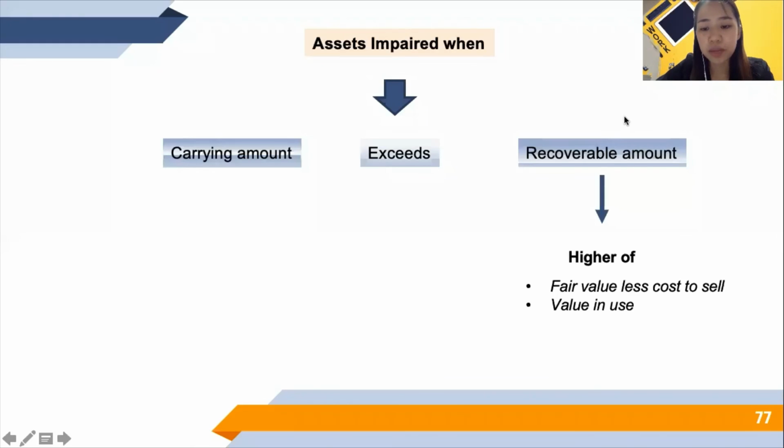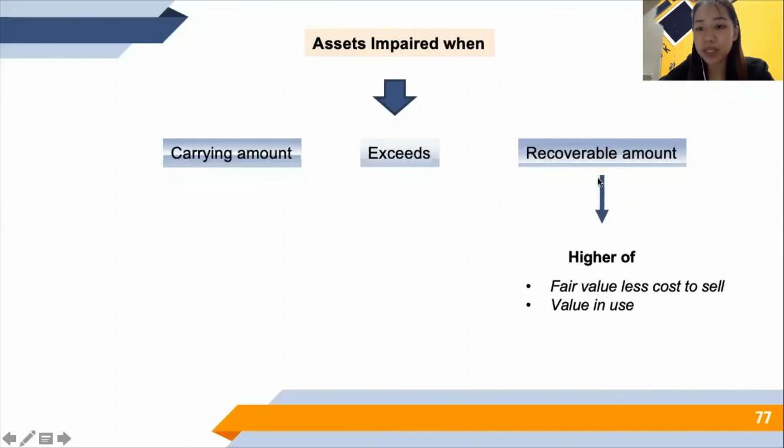So, to determine whether an investment was impaired, we have to compare the carrying amount of the investment to the recoverable amount. When we say recoverable amount, it refers to the present value of the expected cash flow that arises from the sale or the use of an asset. So meaning, yun na lang yung magiging value niya ngayon kung sakaling binenta or ginamit mo siya.